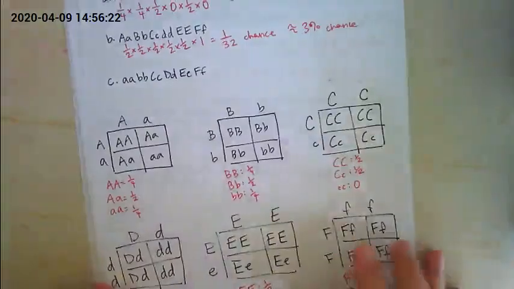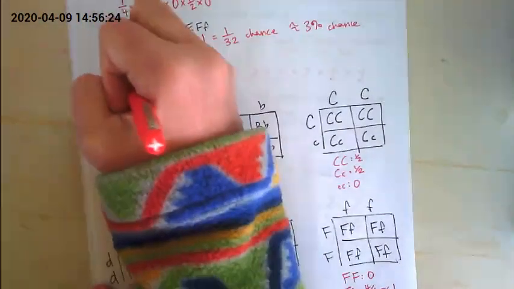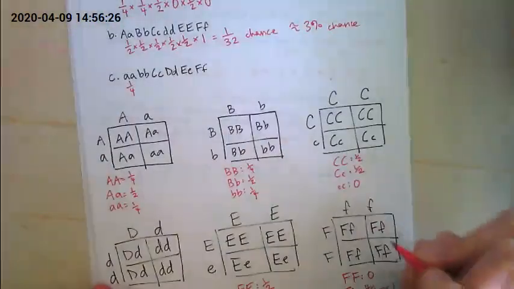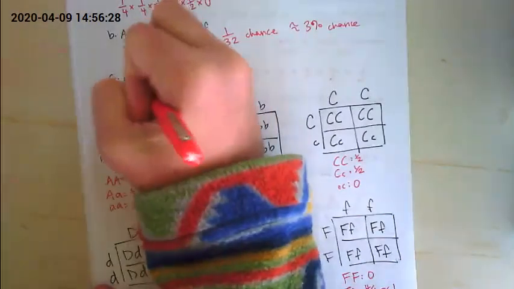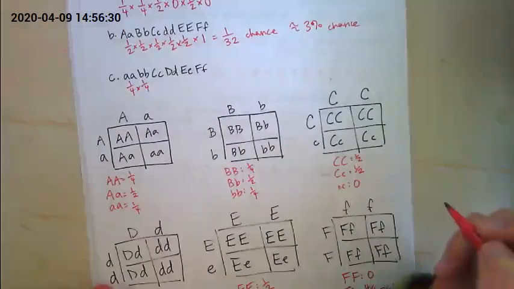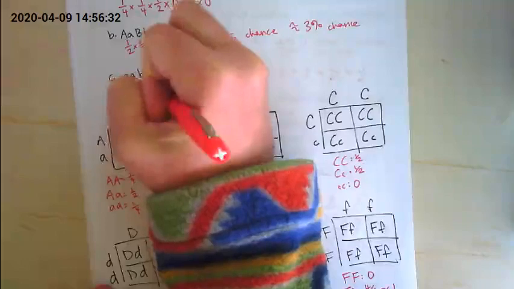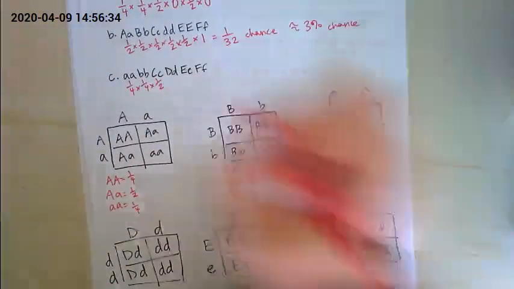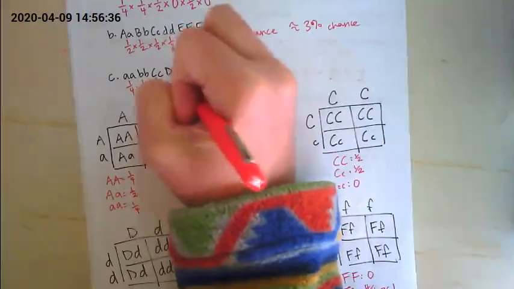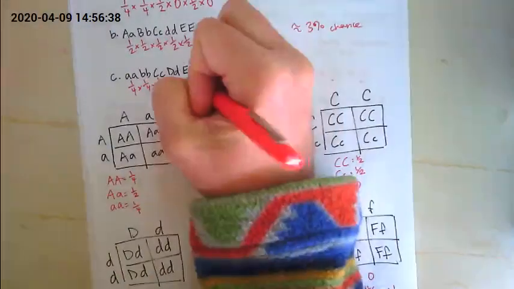All right, last one. Here we go. 1/4 homozygous B's. Heterozygous. Heterozygous. Heterozygous.